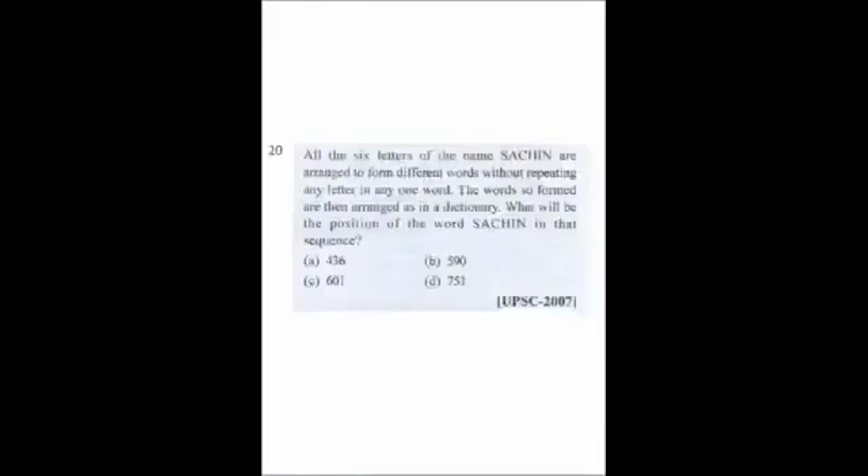All the 6 letters of the name Sachin are arranged to form different words without repeating any letter in any one word. The words so formed are then arranged as in a dictionary. What will be the position of the word Sachin in that sequence? Here all 6 letters of Sachin are different. So all words which we are creating with A, it has to be fixed, and rest 5 letters we can change.